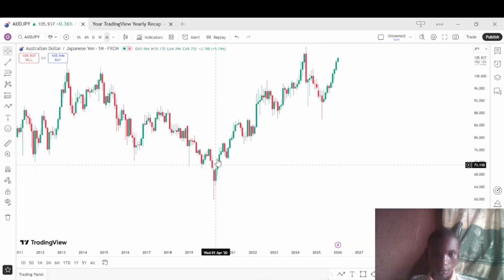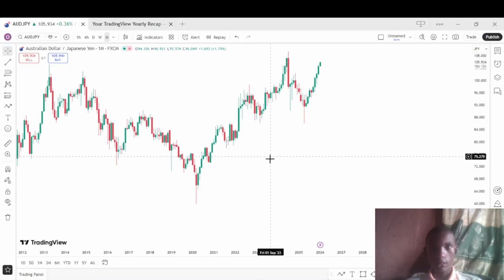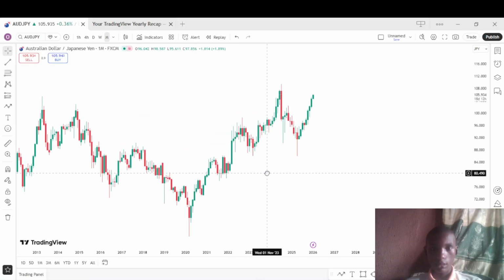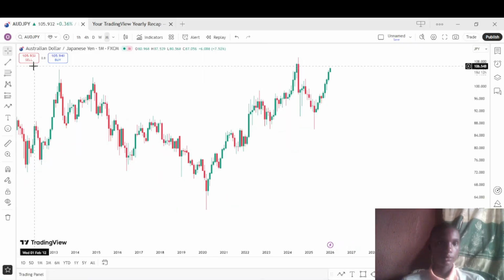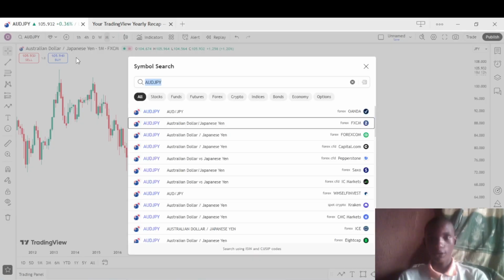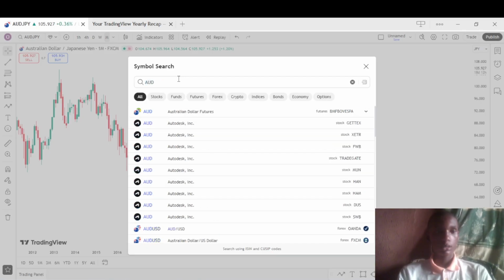Oh, no. I can't find any candlestick pattern. But before I finish this course, I'll try and find a pair that contains a candlestick pattern. So let's go back to our previous pair, AUDNZD.